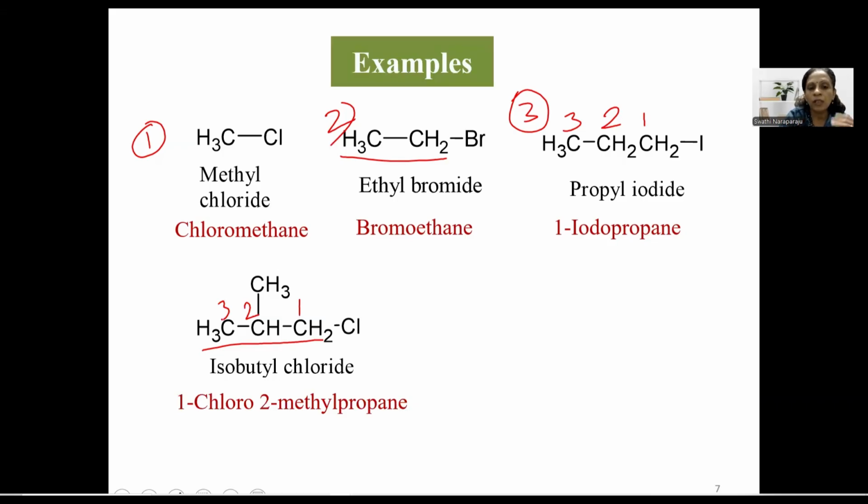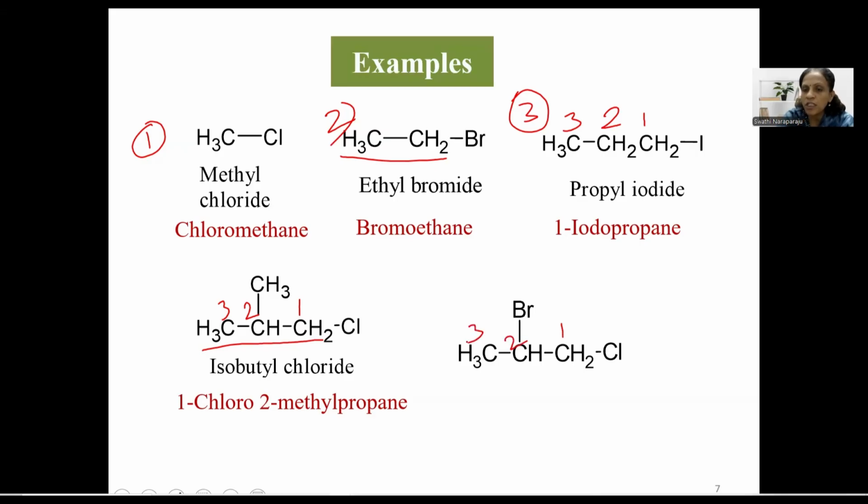The molecule may have more than one halogen also. In that case, both the halogens along with the position should be indicated in the prefix and in alphabetical order. Both the halogens or the substituents should be indicated in alphabetical order as a prefix to the name of the hydrocarbon. If you consider this example, the molecule contains 2 halogens. First number the molecule: 1, 2, 3 carbons.